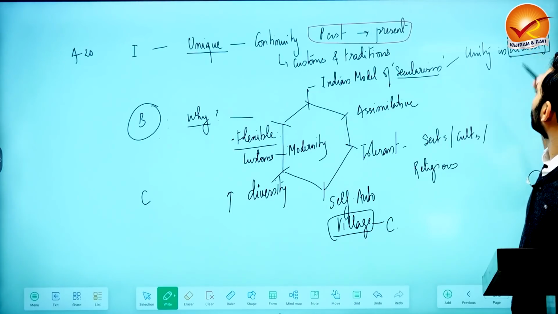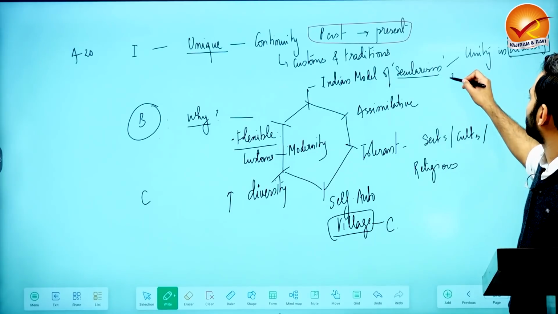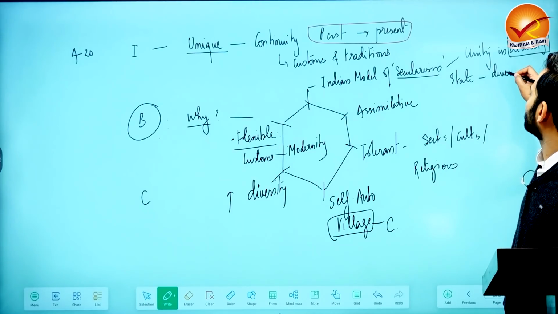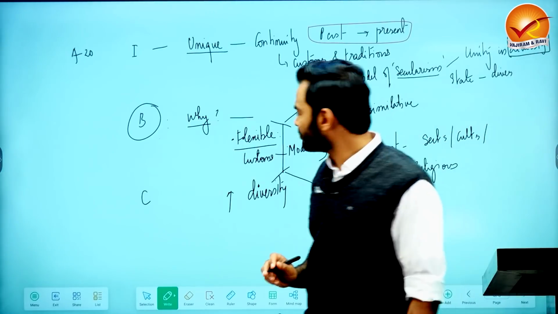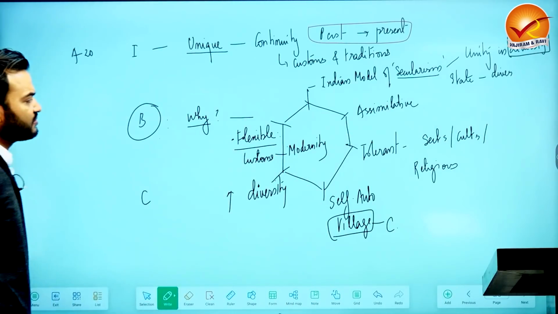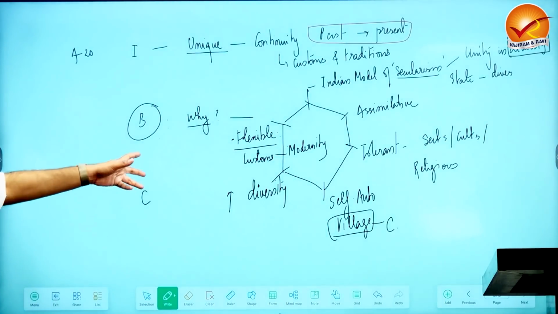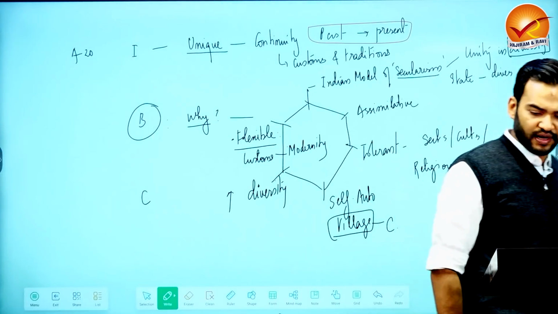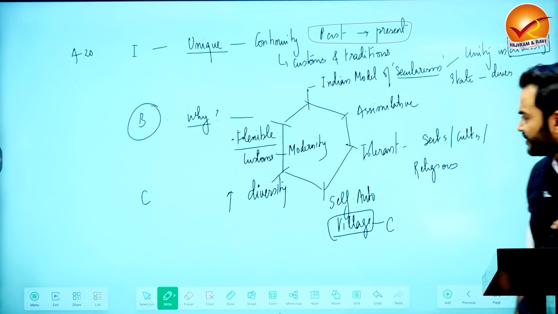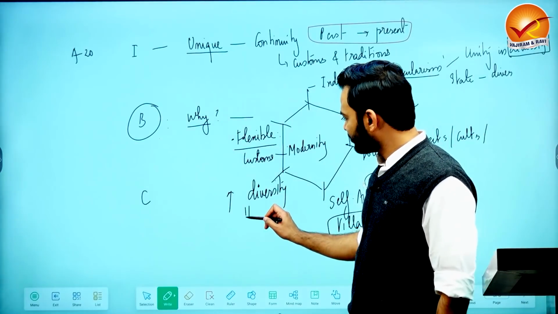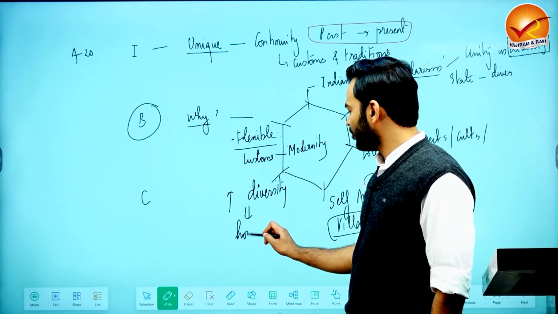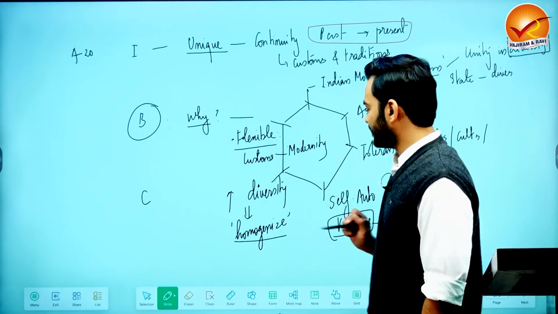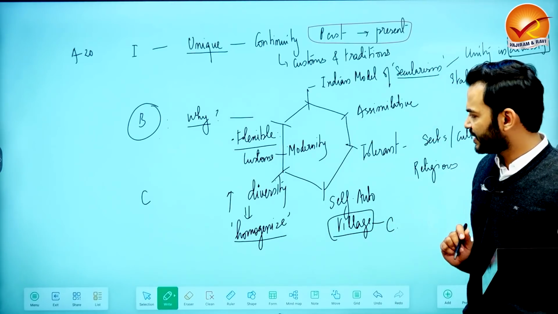And because of unity in diversity, the state promotes the diverse customs and traditions of India. It is the duty of the state to promote diverse customs and traditions of India. So these are 6 main keywords which you can use in your answer to say why India is able to maintain continuity. Diversity point you can write, it is very difficult to homogenize the Indian society. So this we can write here.